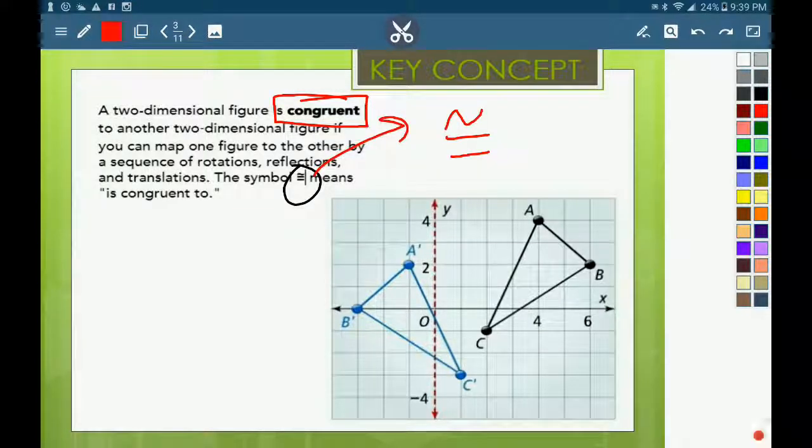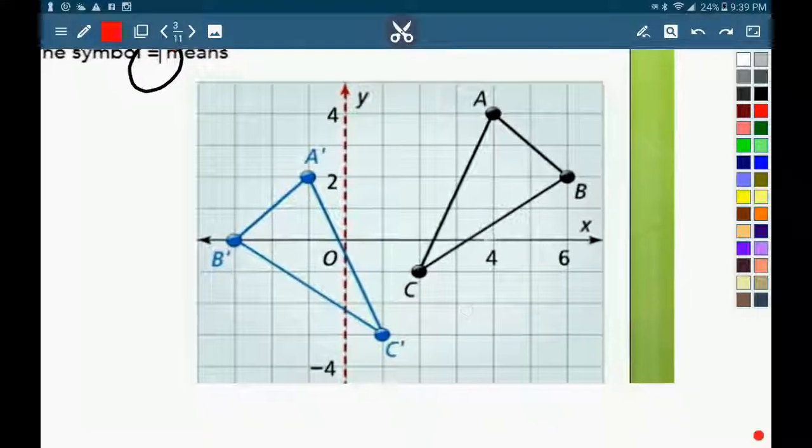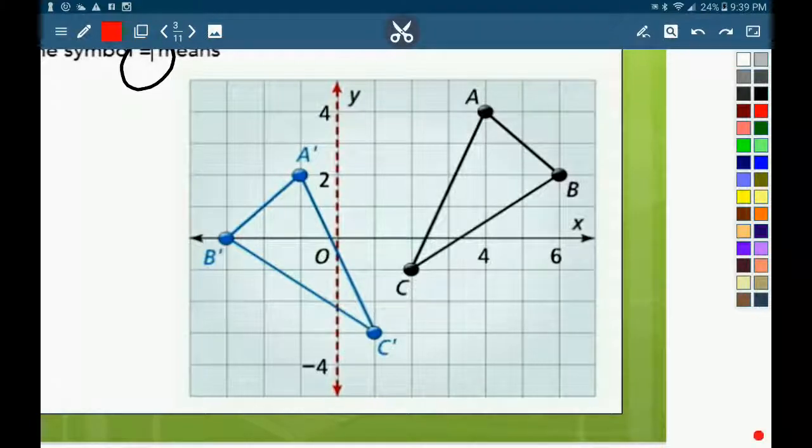So if you look at this graph here, we can actually map ABC onto A prime, B prime, C prime by first reflecting it over the y-axis. If I do this, I'm counting A is 1, 2, 3, 4 spots from the y-axis, so we have to count 1, 2, 3, 4 in the opposite direction.